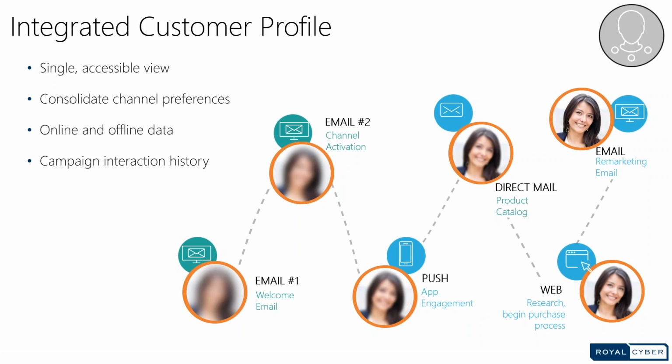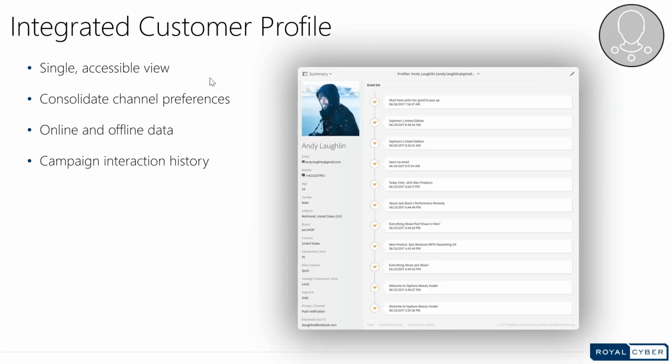All this is built through an integrated customer profile, which you can build with very different attributes. This is a view showing how the profile looks, and you will see that they have the channel preferences enabled, and the other different things that go into it.